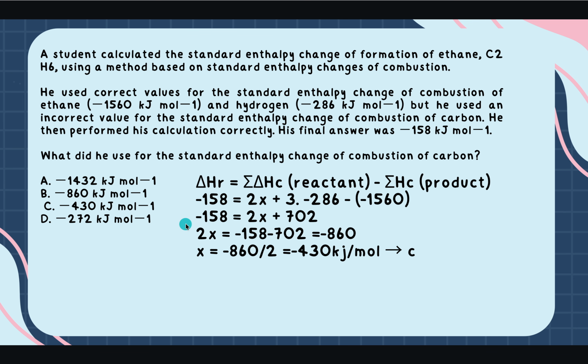So minus 158 equals 2x plus 702. Then we solve for x, and therefore the final answer is minus 430 kilojoules per mole, which is C.